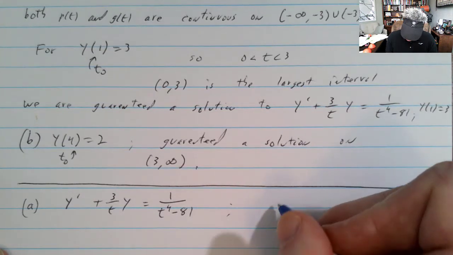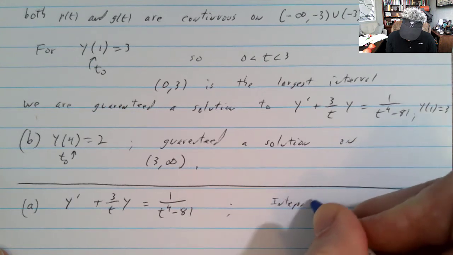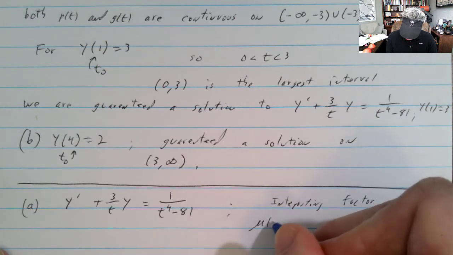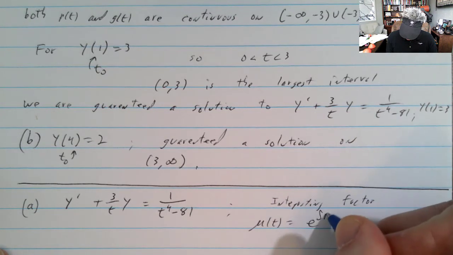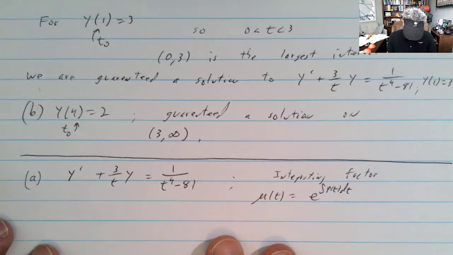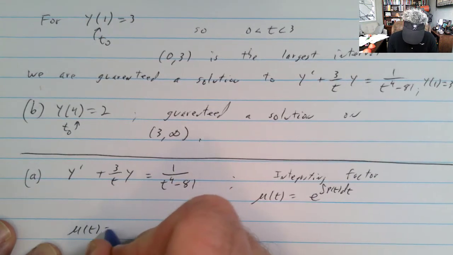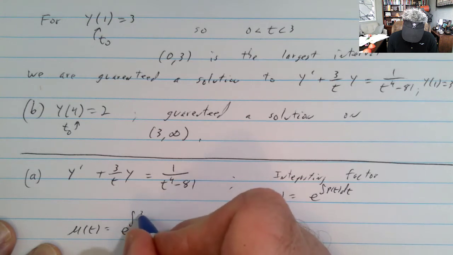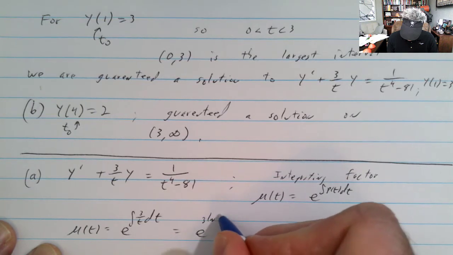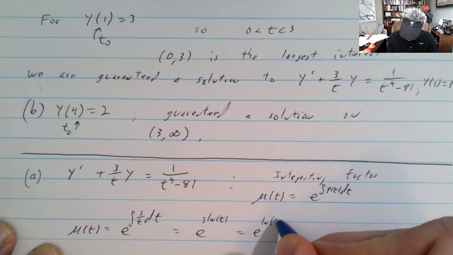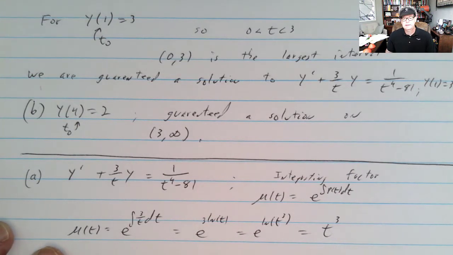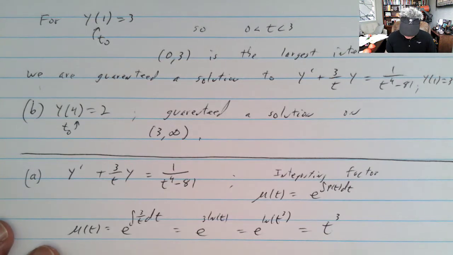We'll do our integrating factor, I'll call it mu of t. So that will be e to the integral of 3 over t dt, so e to the 3 log t, log of t cubed, which simplifies nicely to t cubed. So there's our integrating factor.